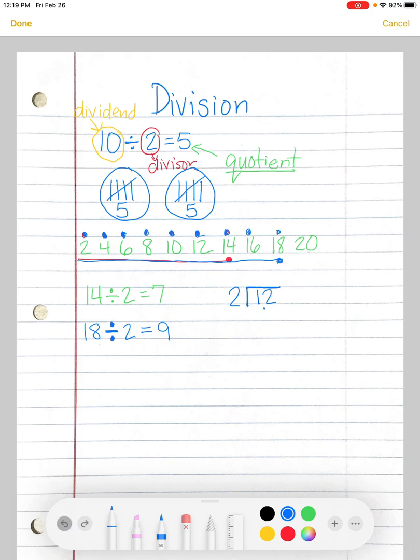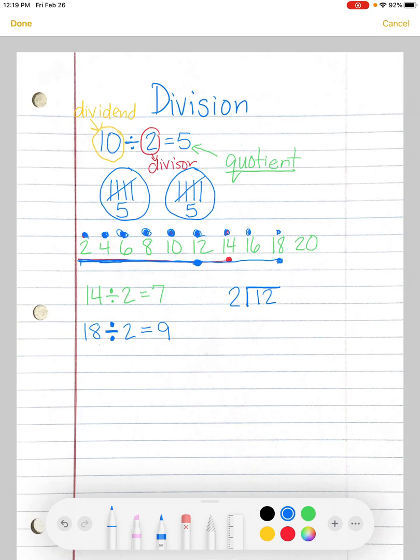So I'm going to look in my skip counting patterns to find my answers. Keep going until you get to 12. There's 12 right there. 1, 2, 3, 4, 5, 6. My quotient is 6.